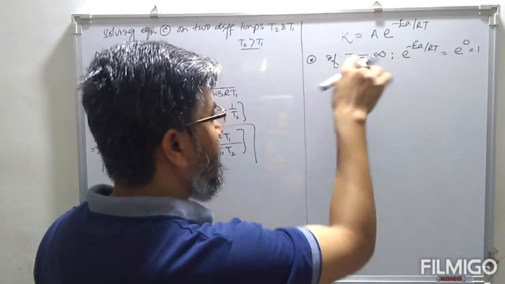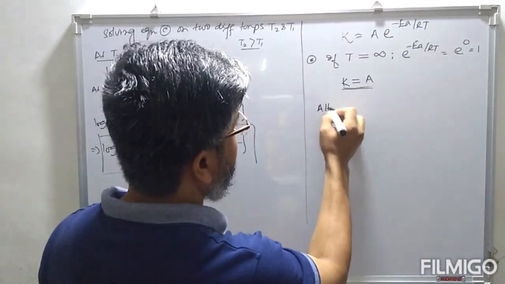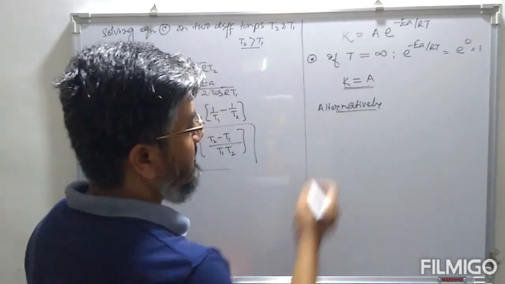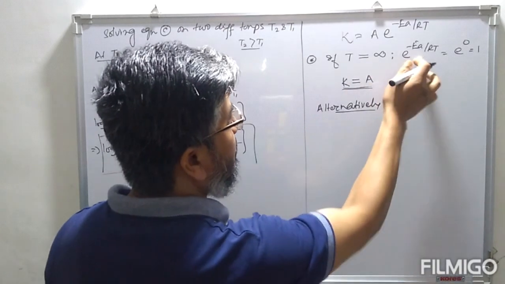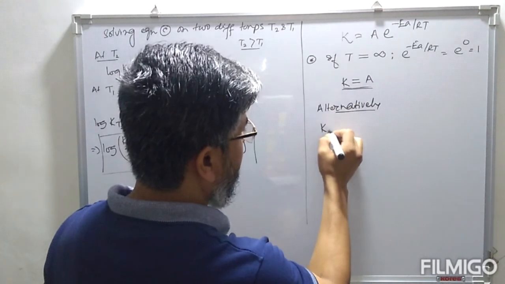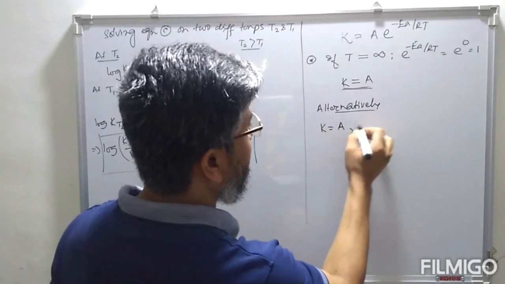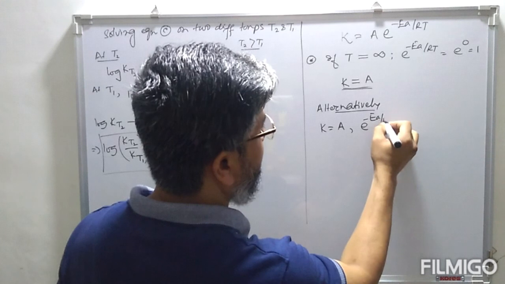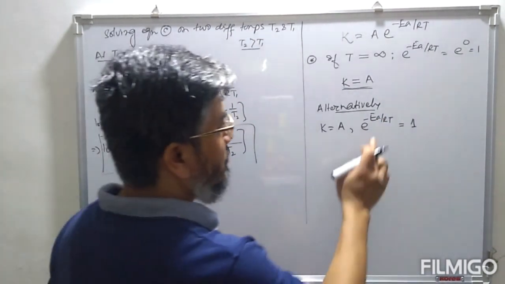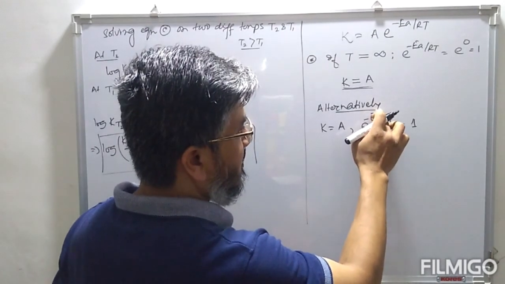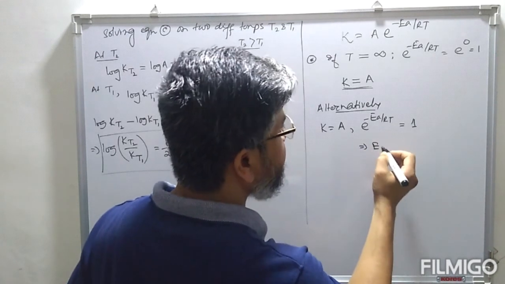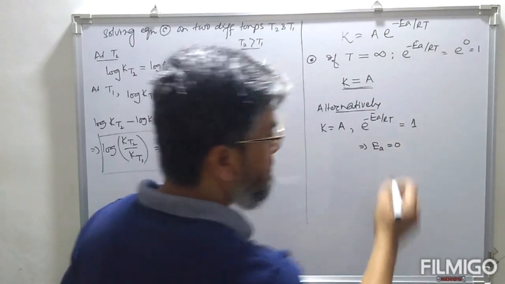Alternatively, you can say, for k equals A, this e exponential raised to the power minus Ea by RT must be equal to 1. So e raised to the power minus Ea by RT equals 1. This condition is possible only when we have Ea value 0.